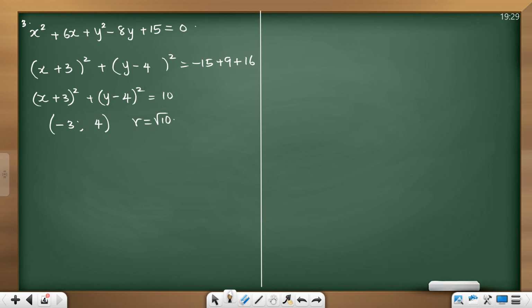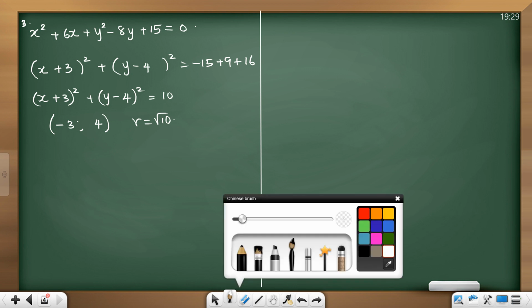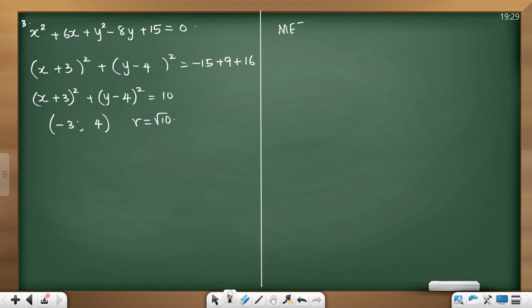No stress, nothing. Okay. Method number 2. You can choose. This one is very crazy. Method number 2: A is the coefficient of x divided by negative 2. And B is the coefficient of y divided by negative 2.